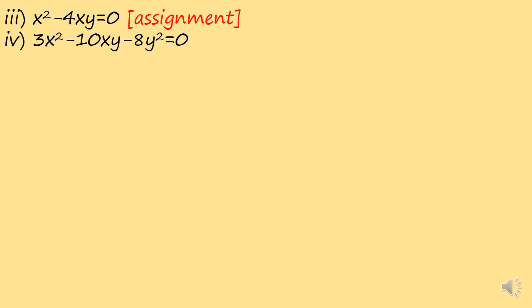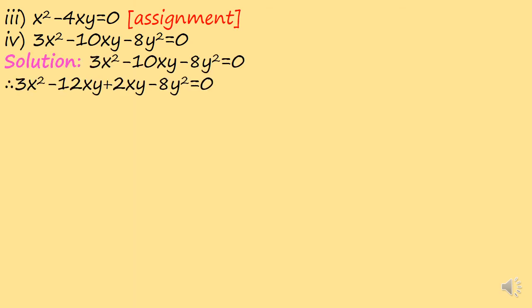The fourth question, 3x square minus 10xy minus 8y square is equal to 0. We can solve it like a quadratic equation by splitting the middle term. That is 3x square minus 10... See, you realize that first term into last term becomes a product, isn't it? You have solved quadratic equations. The product is minus 24 and the sum is minus 10.